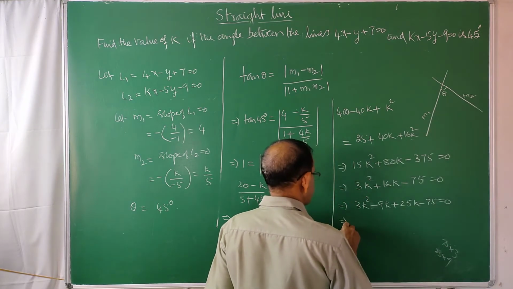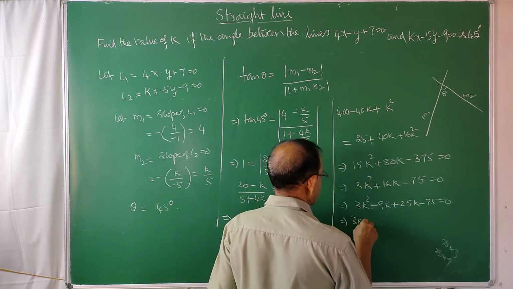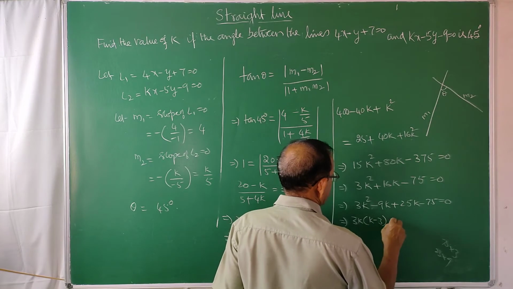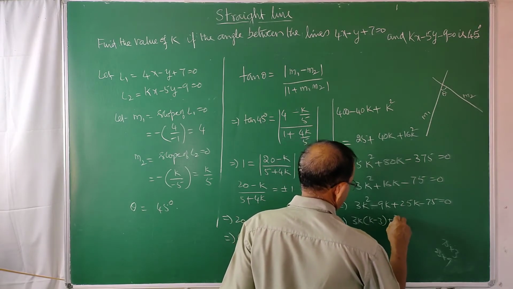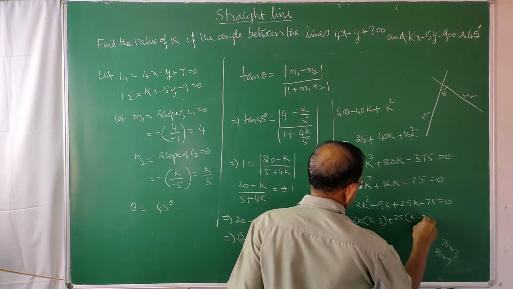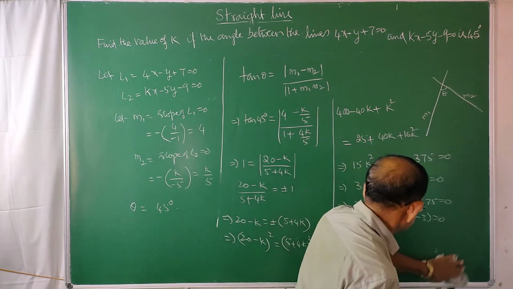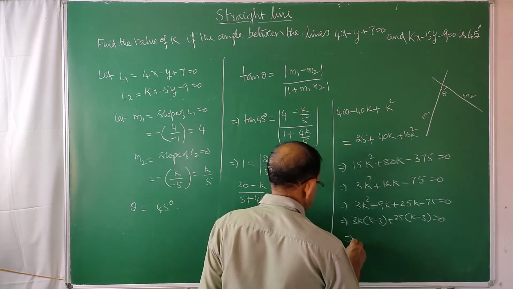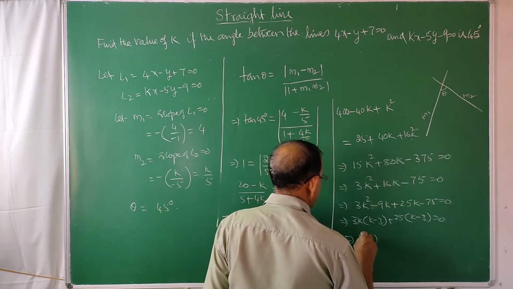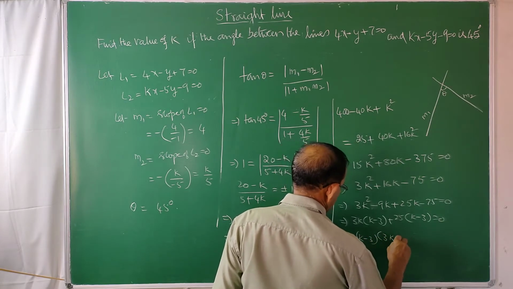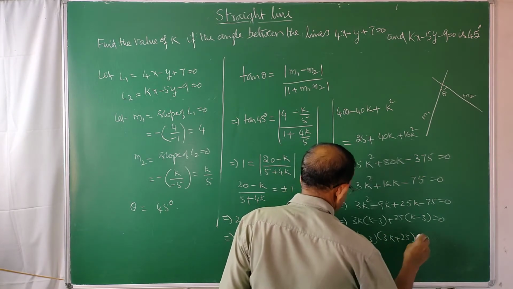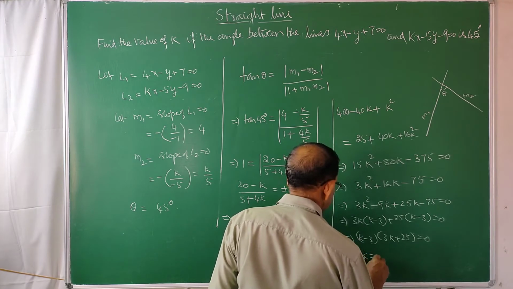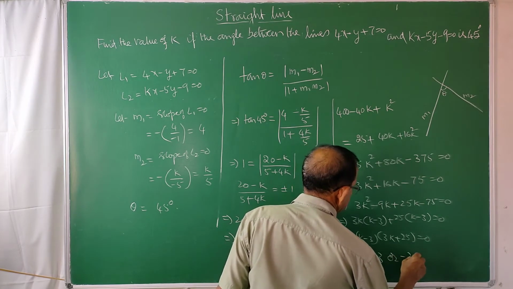So you can take 3k common, k minus 3, plus 25 common, k minus 3 is equal to 0. Now this is k minus 3 into 3k plus 25 equal to 0. That implies k is equal to 3 or minus 25 by 3.